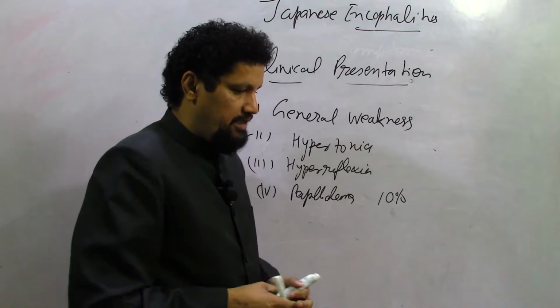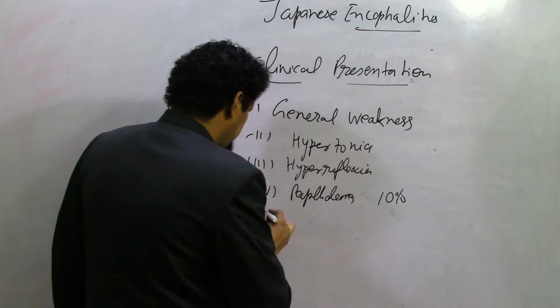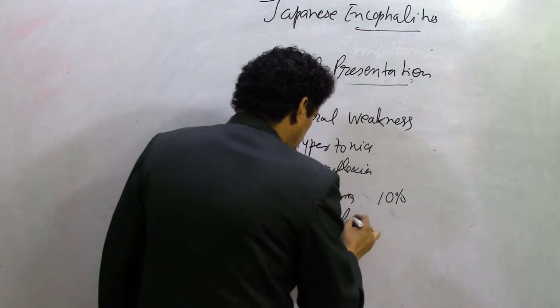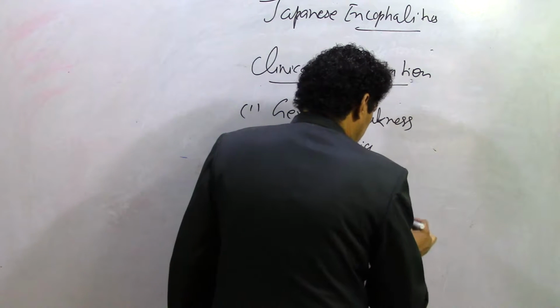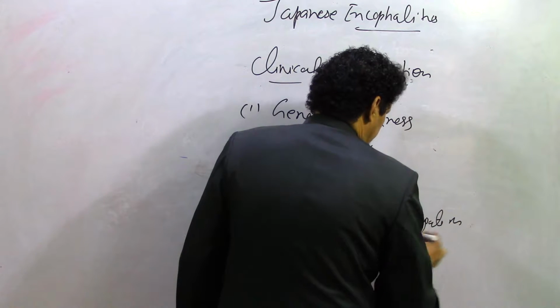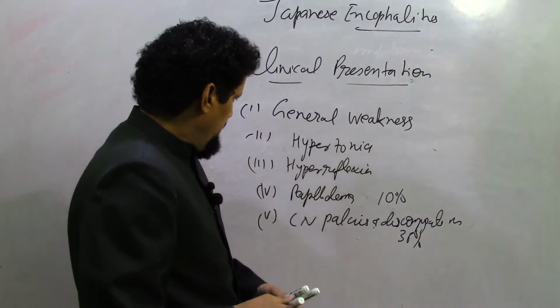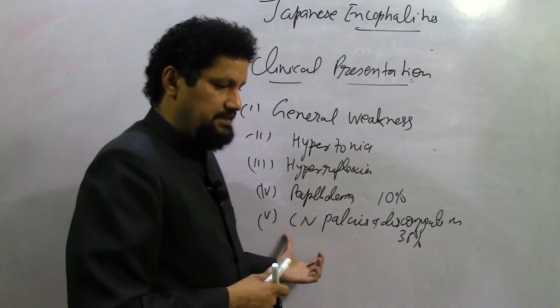So papilledema and the cranial nerve palsies, and disconjugate movements in 35% cases which are having the neurological picture of the Japanese encephalitis.